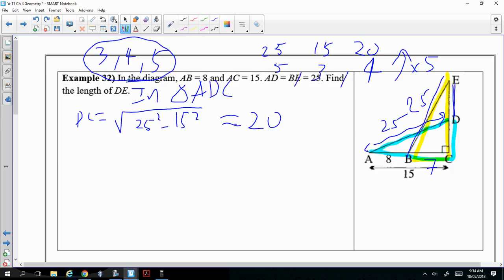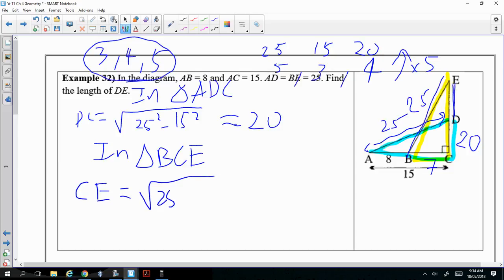Okay, next one, I'm going to find EC. So you write triangle BCE, and then CE equals the square root of 25 squared minus 7 squared. This one I don't know, so you just use your calculator. So you do 625, because I know the square of 25 is 625, minus 49, square root the answer.